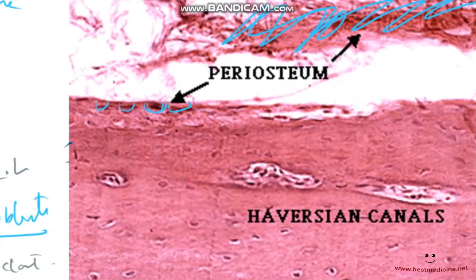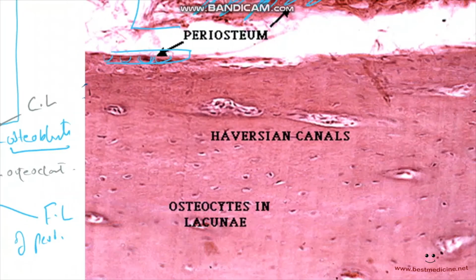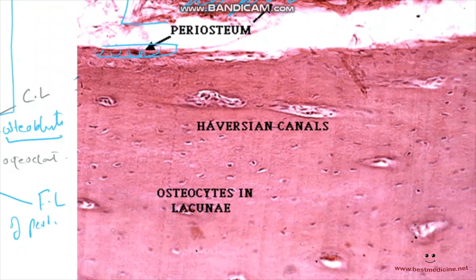These are the simple cuboidal cells of the cellular layer of the periosteum, and the fibrous layer of periosteum right here. Then we have the bone matrix containing these large canals called the Haversian canals, and some small lacunae-enclosed cells called the osteocytes in lacunae.